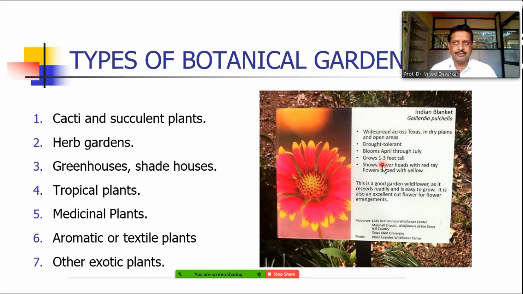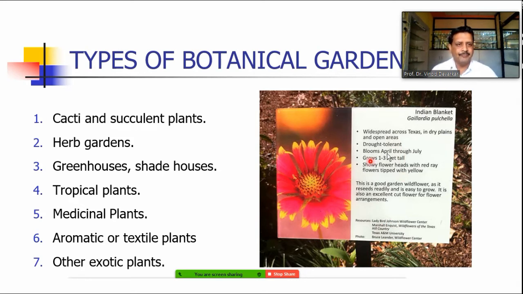On the right side of the screen, you can find the naming of the plant. Normally we use the botanical name, family name, and the localized vernacular name of the plant on the name plates. But in some botanical gardens, you can find a photograph of the flower or the plant. Then it is the common name, the Indian blanket.